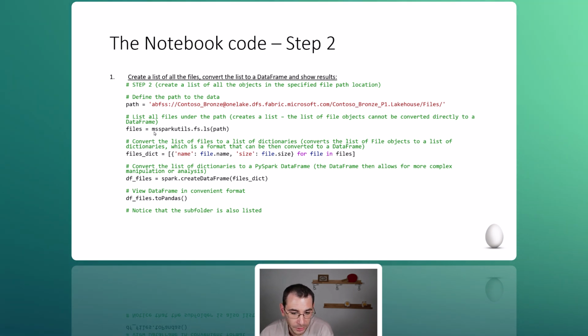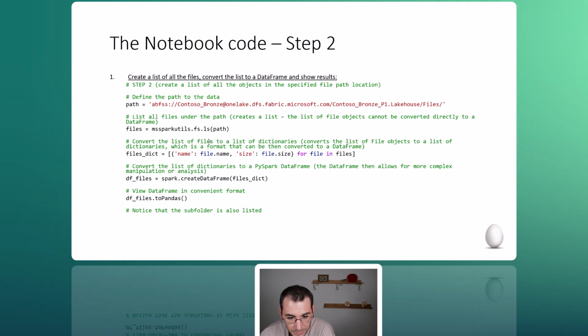And then we're going to list all the files in that path. And for that, we can use the Spark utilities function, which automatically extracts certain information about files in that location. This includes the file name, the size, and other information that we can extract.